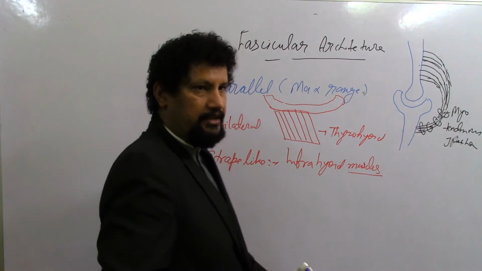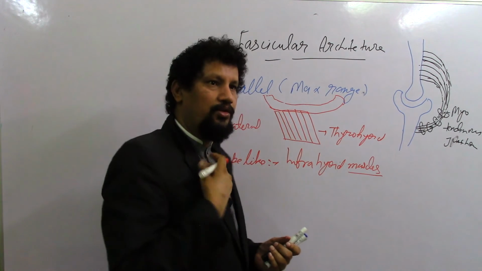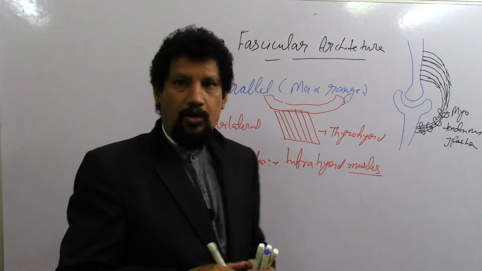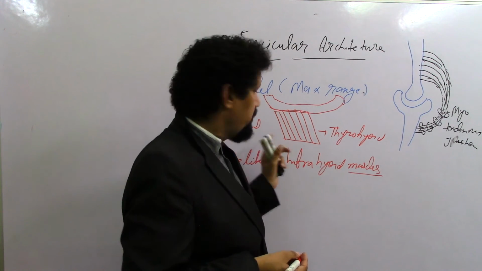The infrahyoid muscles are the sternohyoid muscle, omohyoid muscle, and the sternothyroid muscle.